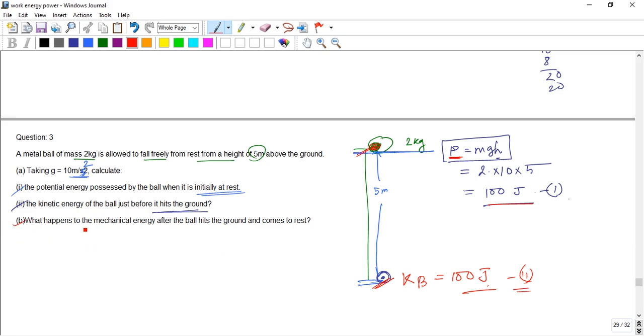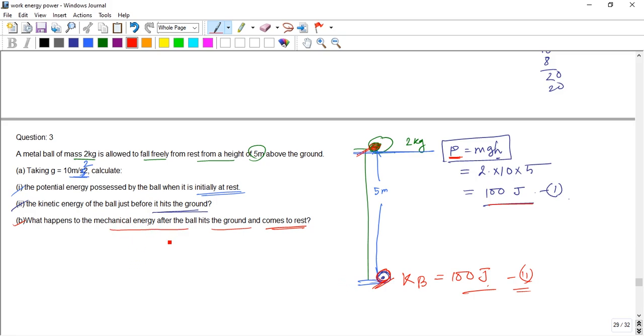Part B: what happens to the mechanical energy after the ball hits the ground and comes to rest? That's an important point. After the ball hits the ground, what is the mechanical energy?